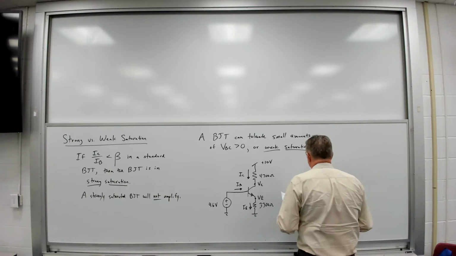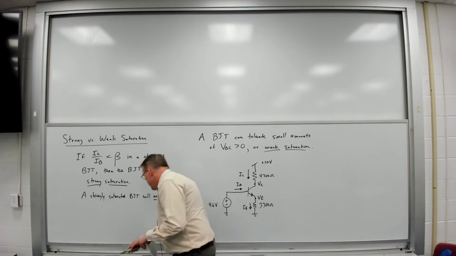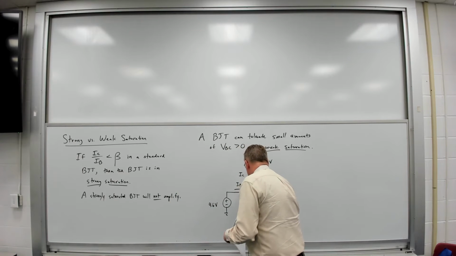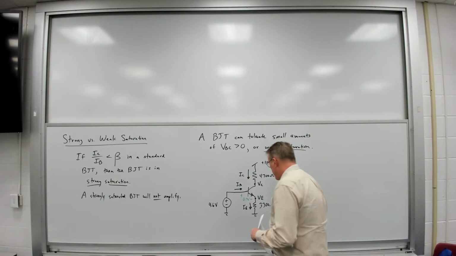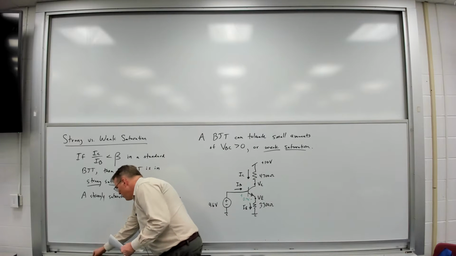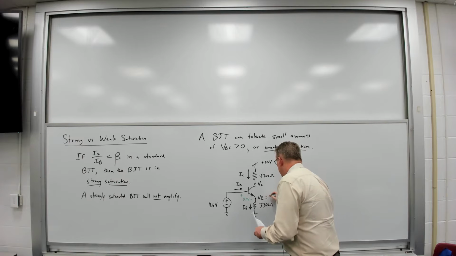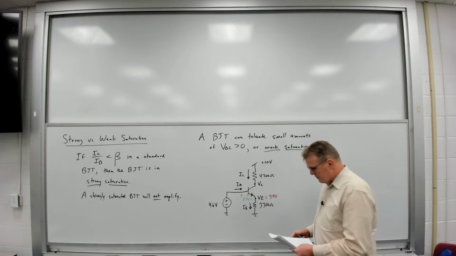Knowing the transistor's on and using the constant voltage drop approximation, the CVD approximation, we know that VBE is going to be equal to 0.7 volts. And therefore, VE must be equal to 4.6 minus 0.7, which is equal to 3.9 volts.